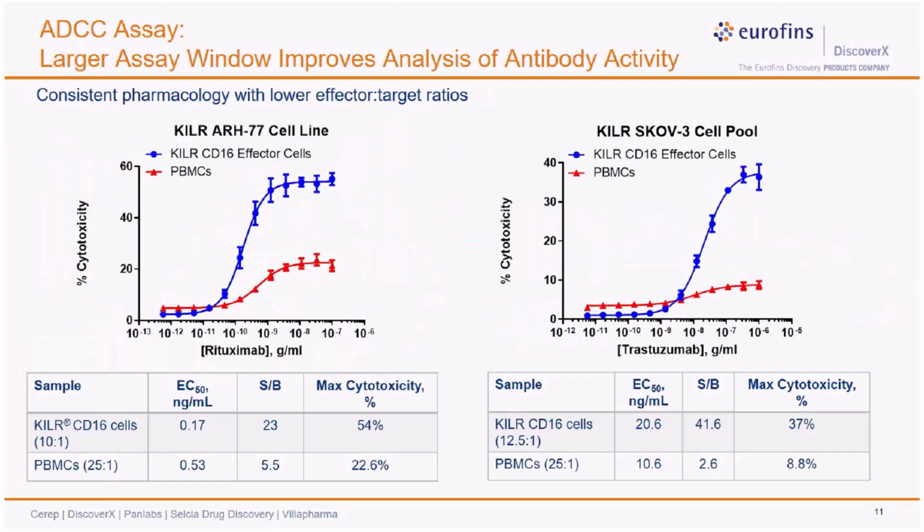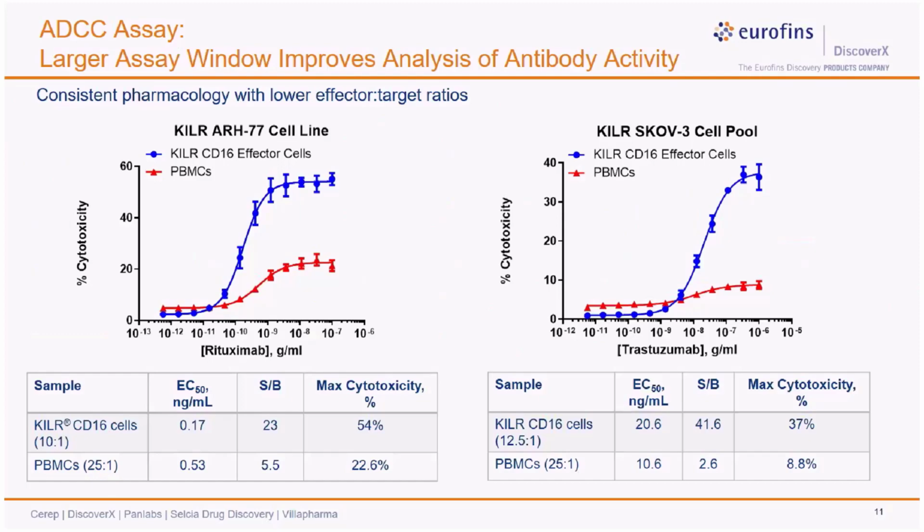Moving forward, let's look at some of the ADCC data with these Killer effector cells. Here are two data sets. On the left, we have the rituximab model with ARH77 cell background, and on the right, the trastuzumab model with SKOV3 background. Let's focus on the data set on the left at first. Here the blue curve is with the Killer CD16 effector cells versus PBMCs in red.